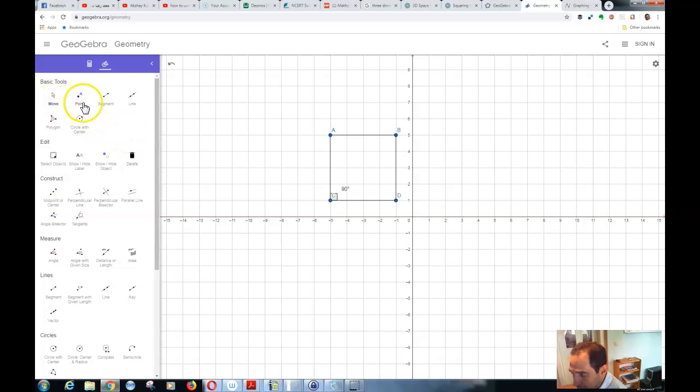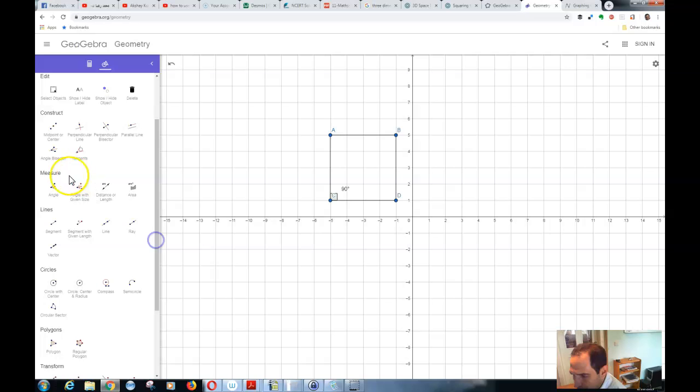There is point, line segment, polygon, circle with center, and then you can construct things here: perpendicular bisector, parallel line, perpendicular line, midpoint, angle bisector, tangent, and then you can also measure angles, distances, and areas.